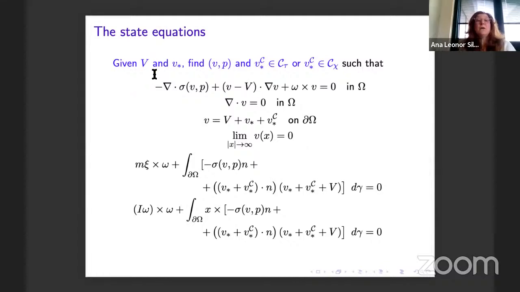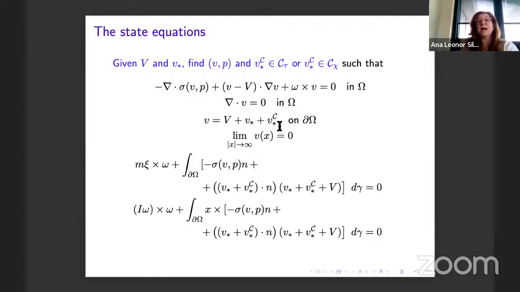So now V, capital V, the velocity of the rigid body, the target velocity, is known. So here V is known, omega is known, also here, okay? In a first step, to study the state equations, we also assume that V star is known, but to satisfy the self-propelling conditions, we have to put here some unknowns.